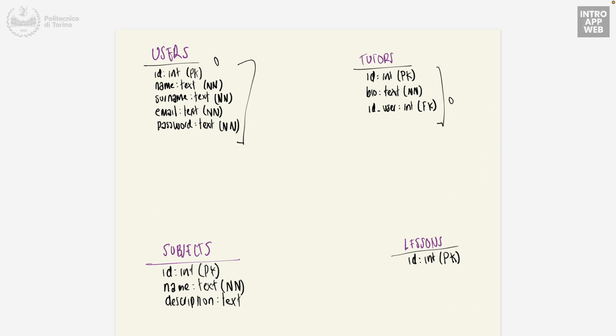What can we say about the lessons? What information can we associate with the lessons, for instance? For instance, the price is something that we can associate with a lesson.